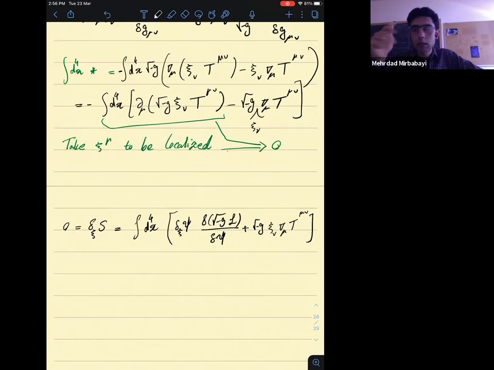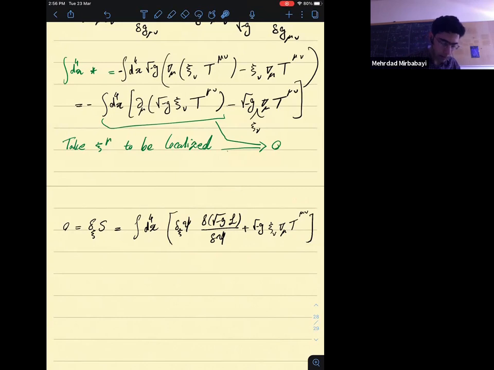But now let us imagine that we take this, and, oh, by the way, again, since xi mu is arbitrary and localized, it means that this object has to vanish locally. So this expression is just 0. Or it's a total derivative. It doesn't have to be 0, but it can be a total derivative.